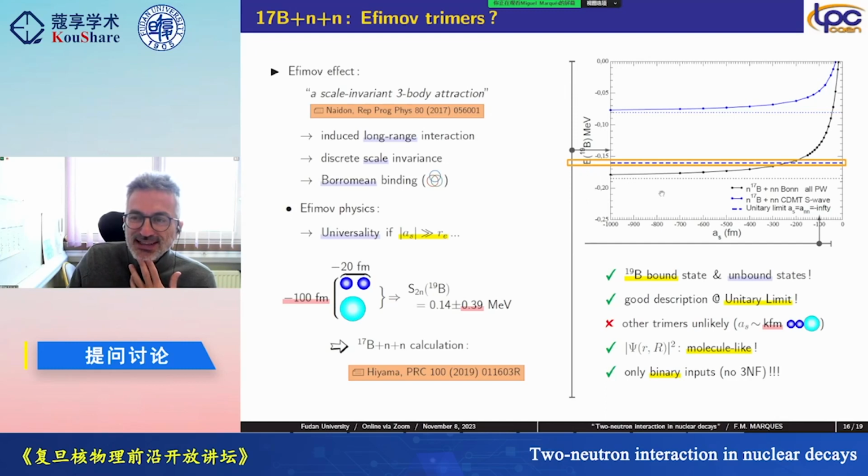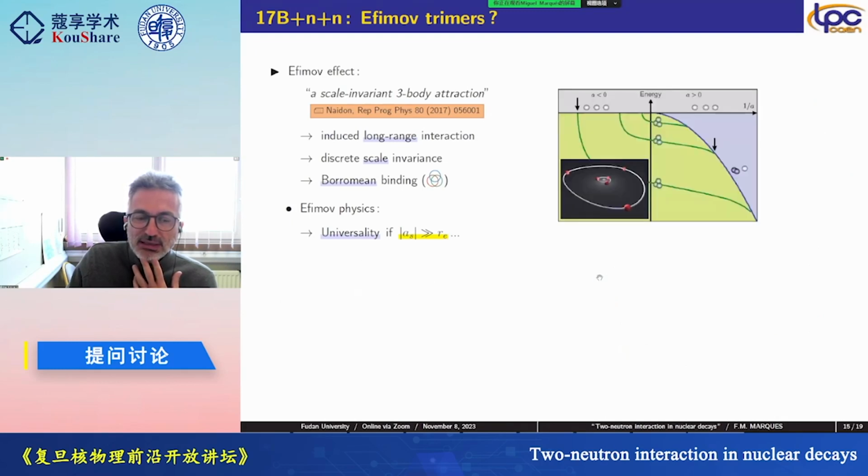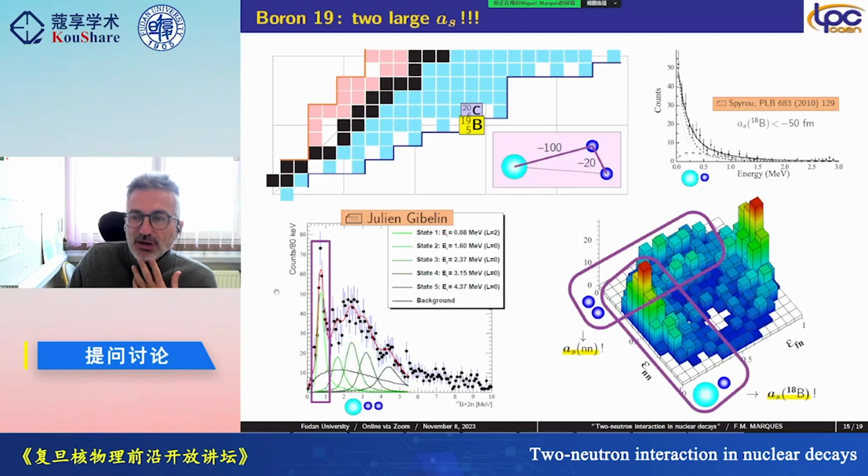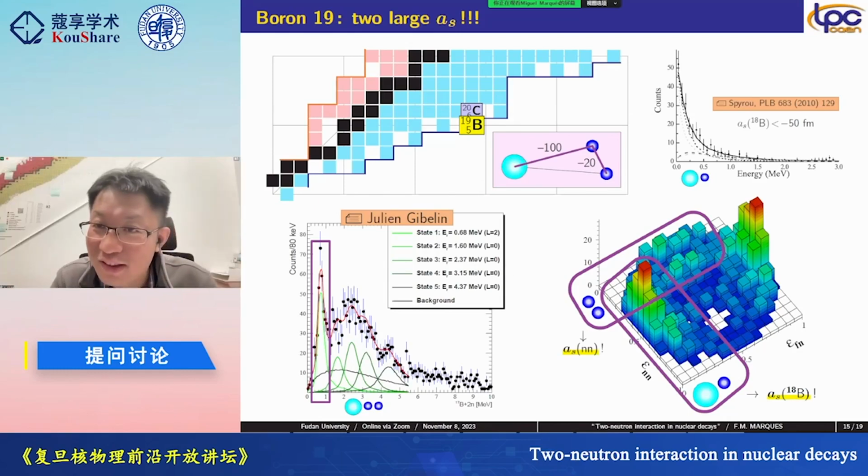She's waiting to see if we are able to locate the scattering length with more precision and reduce the error bars on the binding energy of boron-19. And then she will revisit her three-body calculation and see if these unbound states can be linked to the unbound states that we see here. Yeah, that will be very interesting.